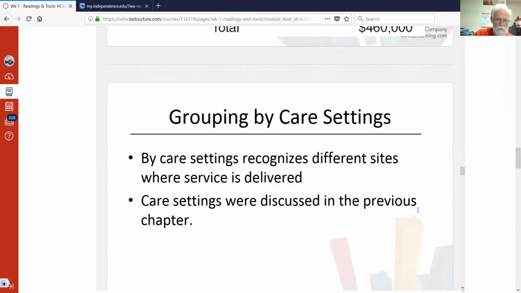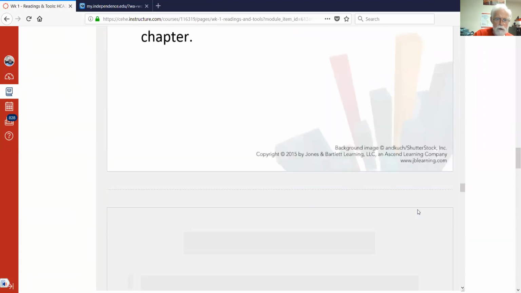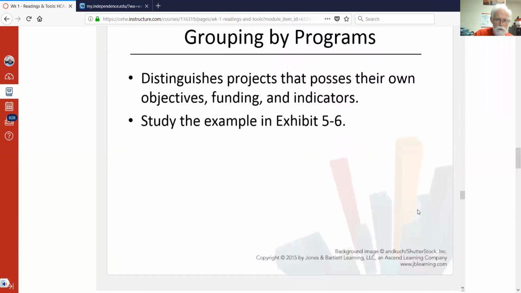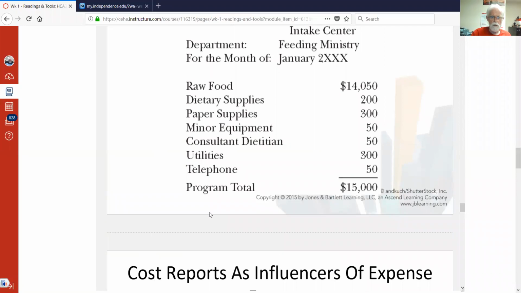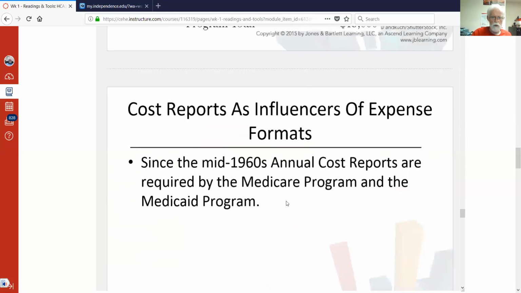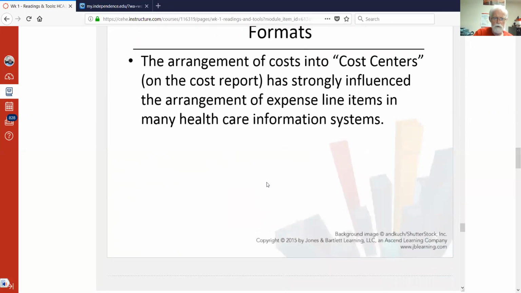So we've got a lot of examples here. We can look at care settings as a grouping. So take a look at some of those. Look at some of the exhibits here. Homeless intake center. We've got costs: food, supplies, utilities, telephone, etc., for a specific month. Annual cost reports are required for Medicare and Medicaid. Don't wait for the year. Make sure that those reports are kept current throughout the year.